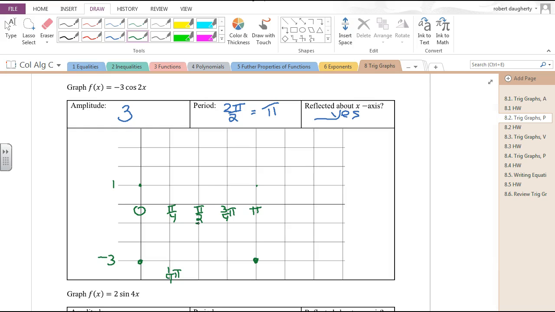Yeah, you get +3. So you're at 3 and negative 3. What happens halfway between these 2 points? I'm at 0. Halfway between the last 2 points, I'm also at 0. So this function is this. Okay.